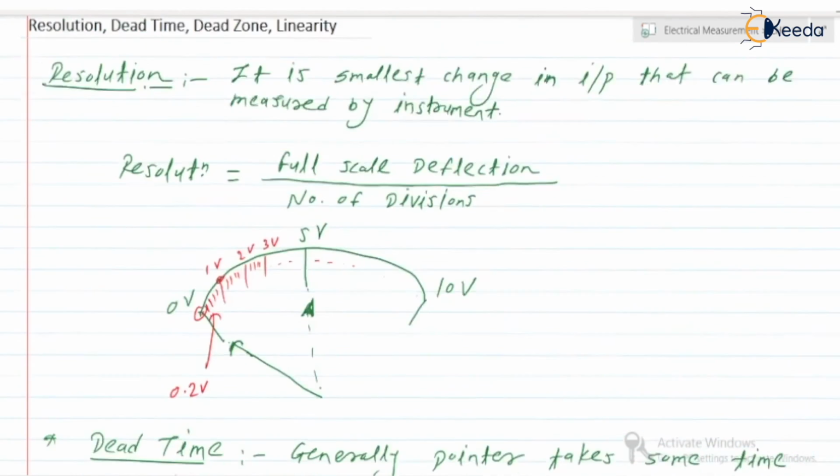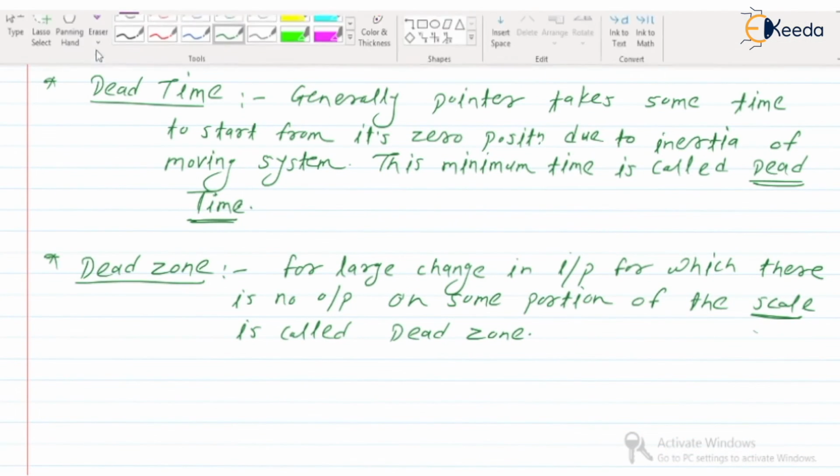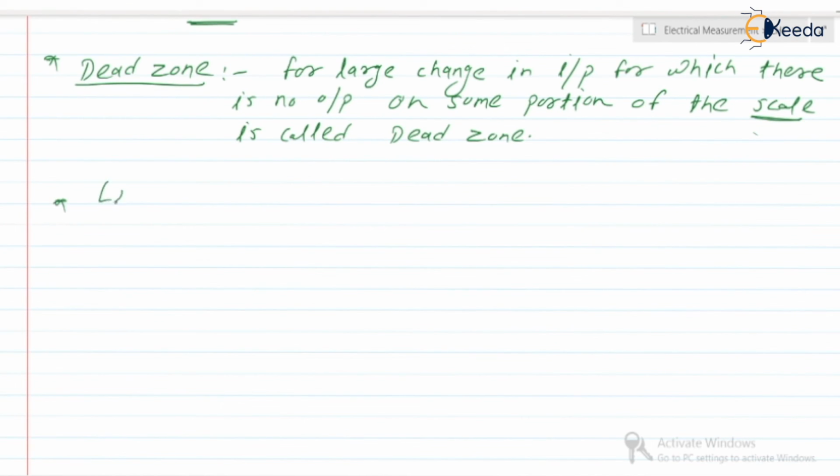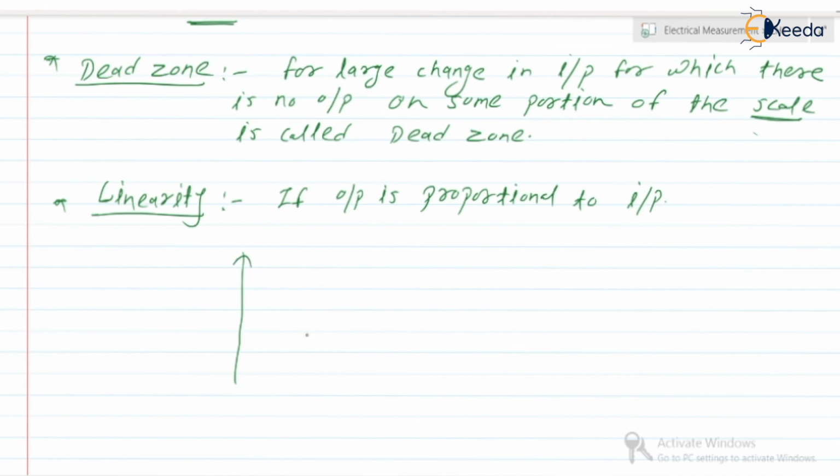Next characteristic is linearity. Linearity is very straightforward. It is related to the linear shape. For an instrument, if the output is proportional to the input, then it is known as a linear instrument.